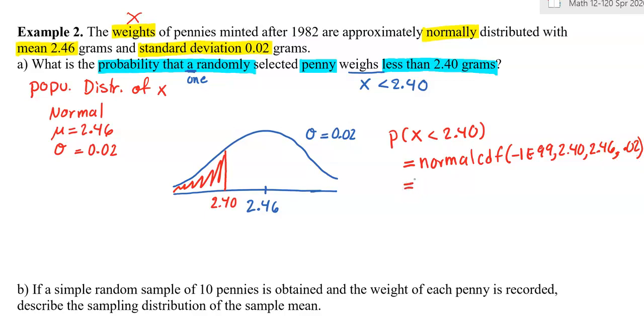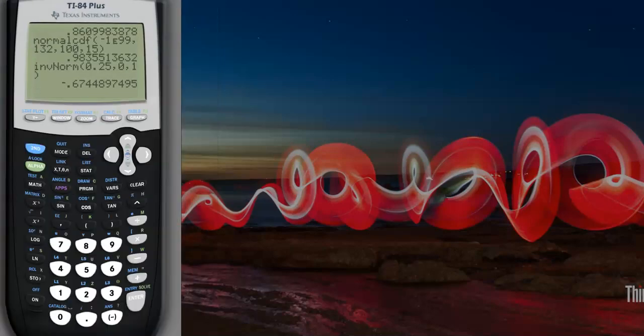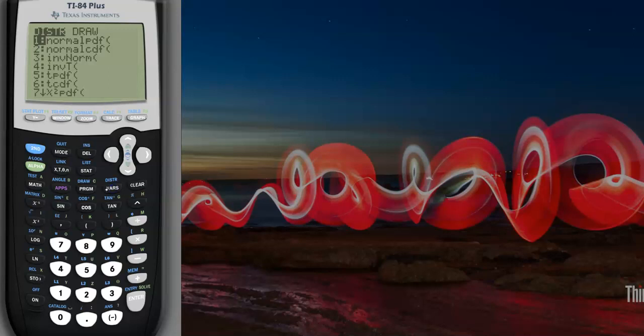So you punch this into your calculator. Let me go ahead and do this time in my calculator. Right, so here's the calculator. So we're going to go ahead and clear it out. Second DISTR, normalcdf, towards negative infinity, so we have a negative 1. And then remember that the E for scientific notation is this double E here above the comma. So second EE, 99, comma.